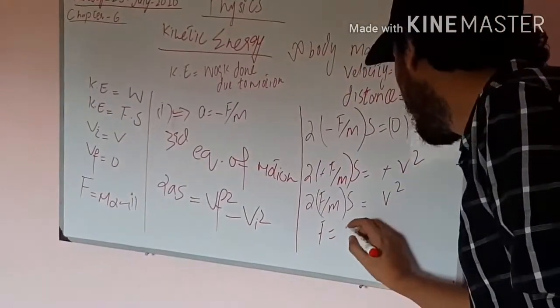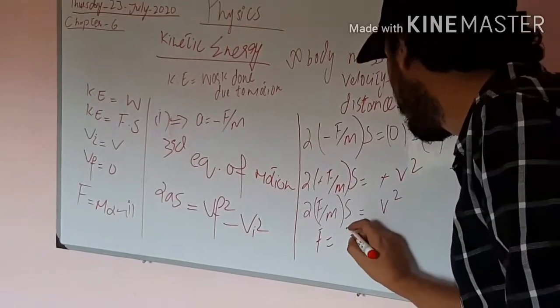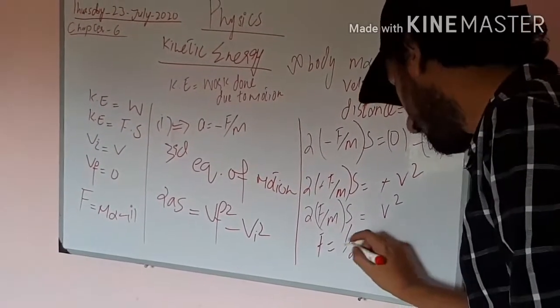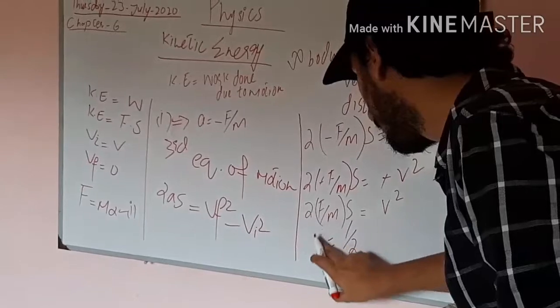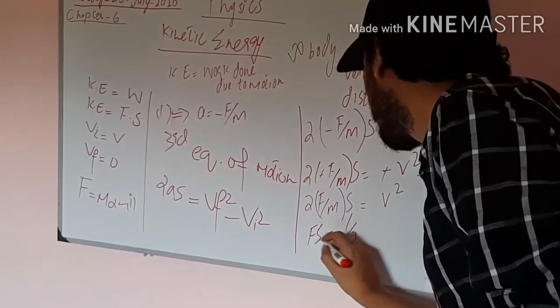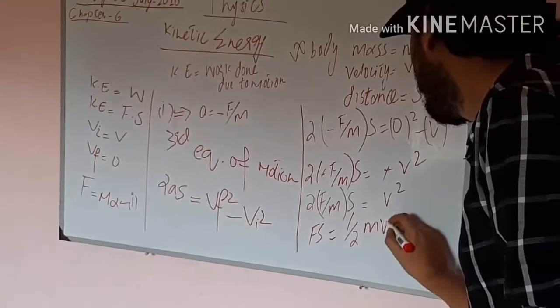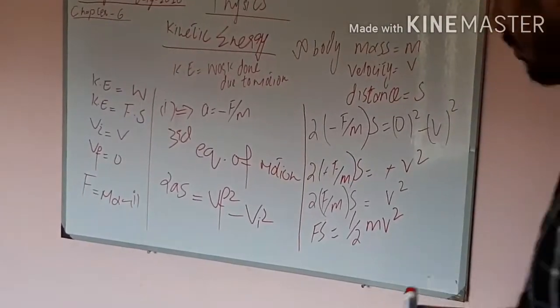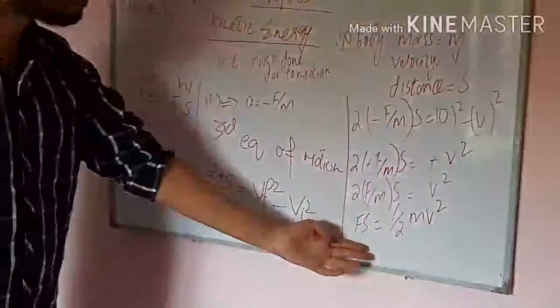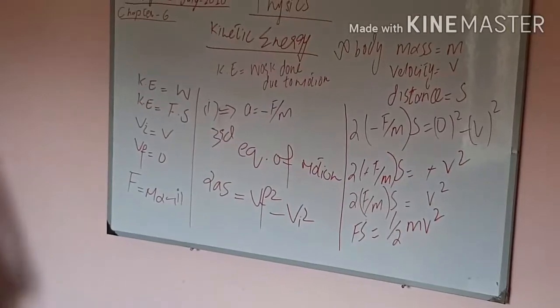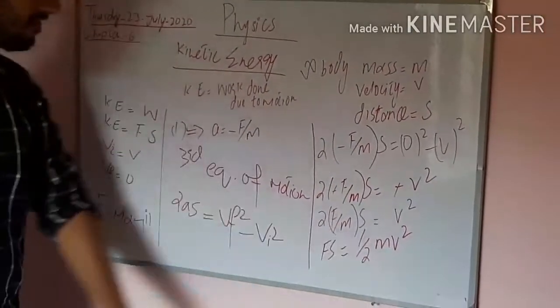So we have Fs is equal to 1 by 2 mv square.